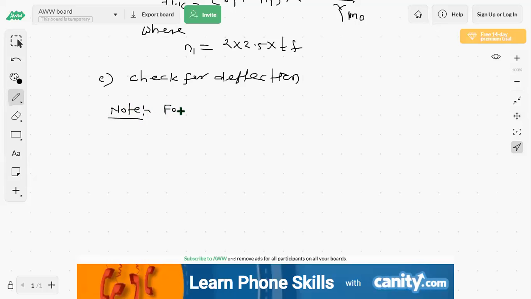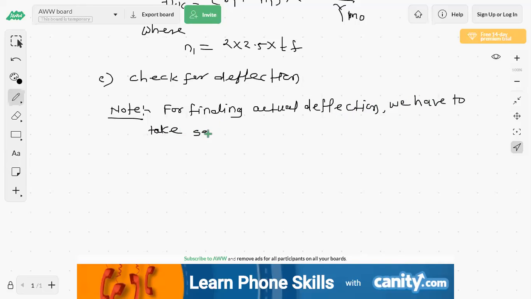That note is for finding actual deflection: we have to take service load or working load.